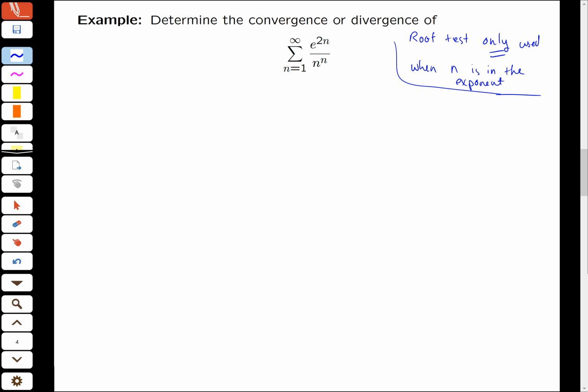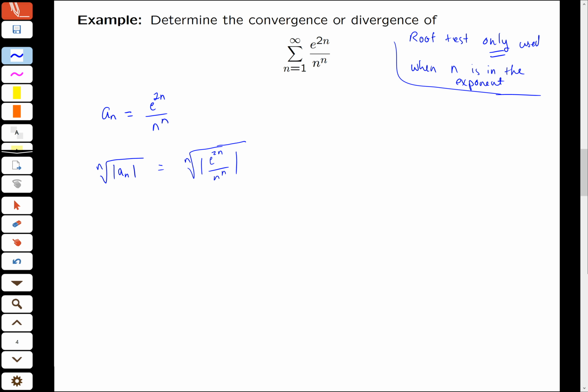So do I have n in my exponents for this series? Yeah, it's in the exponent for both of them. So an is going to be e to the 2n over n to the n. That means I need to look at the nth root of the absolute value of an. That's going to be the nth root of the absolute value of e to the 2n over n to the n.